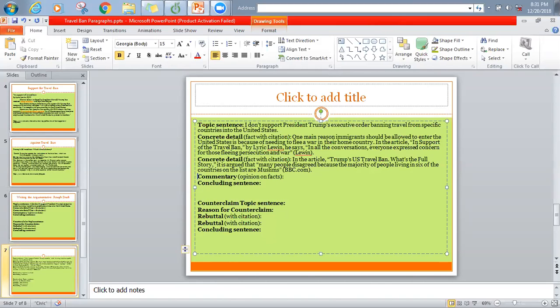Okay, so now this next part here where we do the commentary, the opinion on facts, this is where I think it's really important to make sure that with these concrete details we explain what those mean. So when you look at these two concrete details, what would you say are the main points there that go along with your argument?